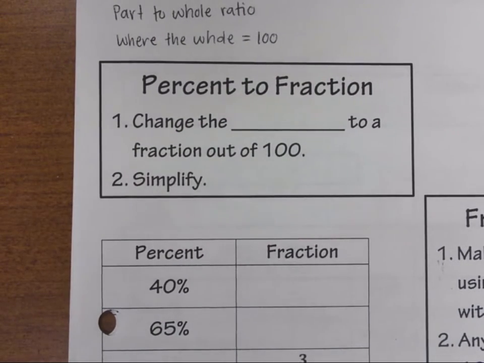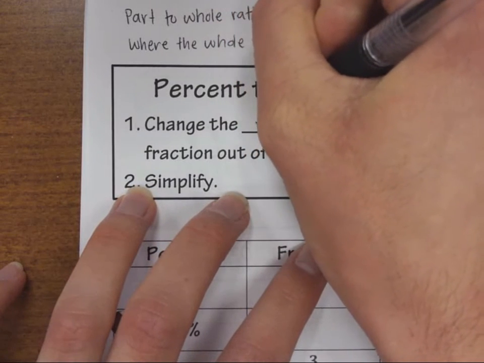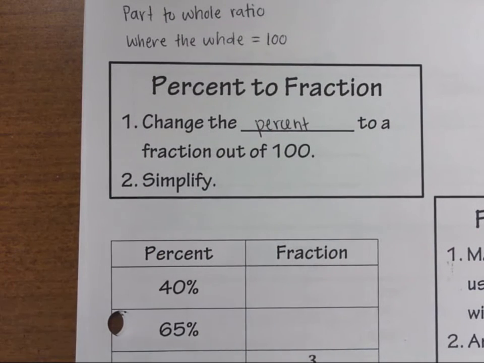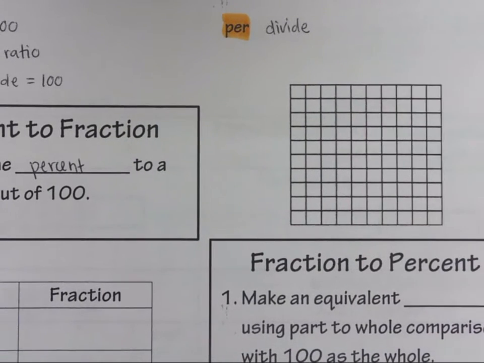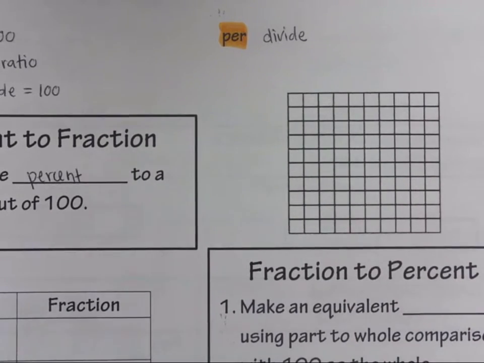So to change a percent to a fraction, we first want to change the percent to a fraction out of 100 and then simplify. So to do that, if we looked over here, this is a 100 grid, so it's 10 by 10, and there's 100 little squares in here.